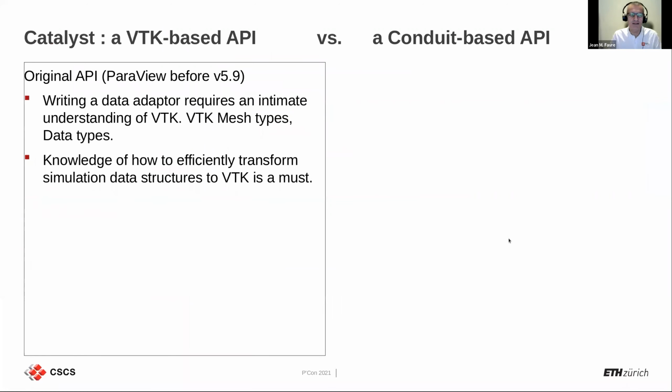So let's see how I've done this with Catalyst. Now, in the past few years, which means before version 5.9, Catalyst had a VTK-based API, which means that we were forced to write a data adapter using the VTK API. So we needed the understanding of VTK mesh types, data types. We needed to understand how VTK implements data sharing, shallow copies, deep copies, all those things.